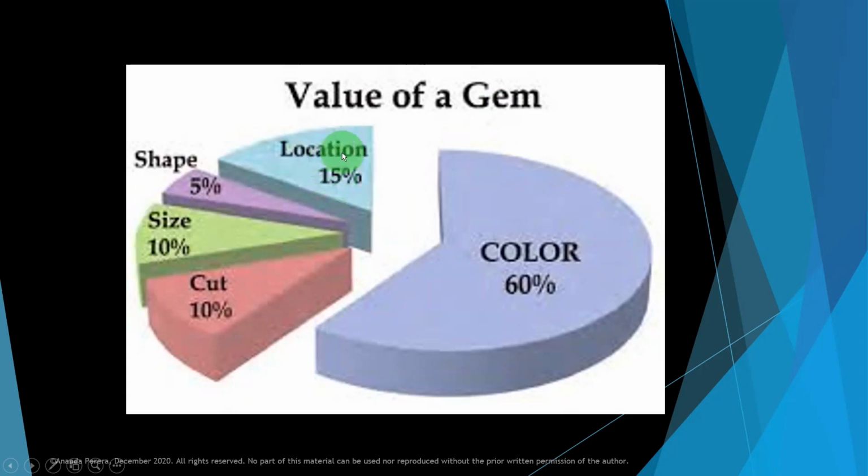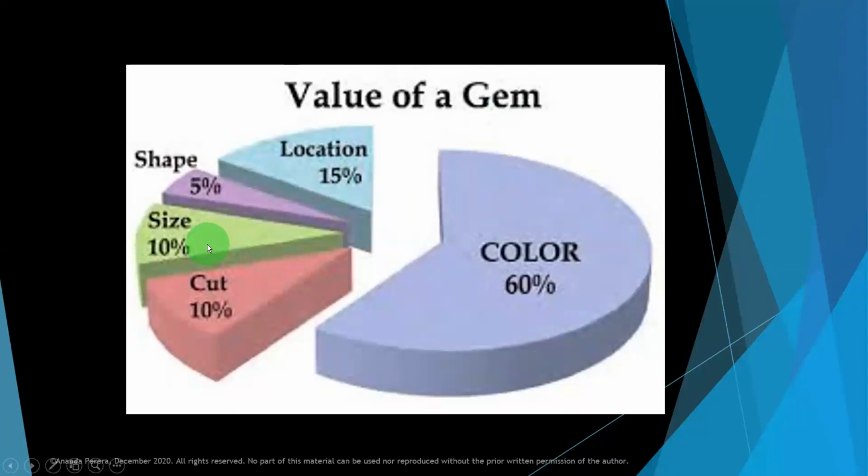So location adds 15% value to the stone. Shape means round, oval, marquise, pear. The best shape is round. The second is oval. The others are less than those. So the best shape adds another 5% to the value.